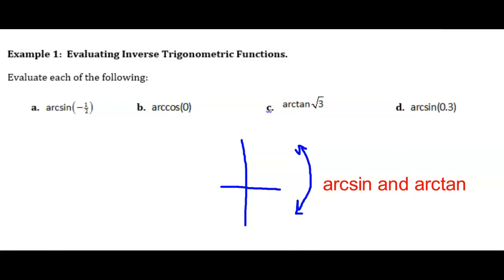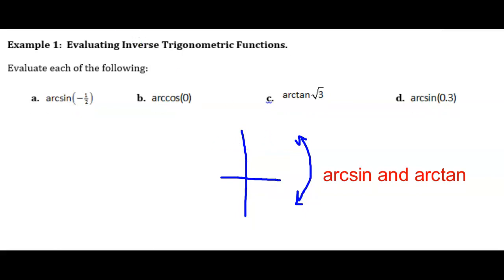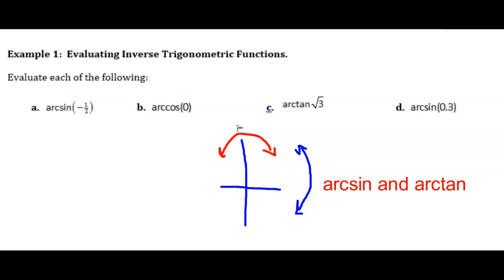Arc cosine comes from quadrants 1 and 2.